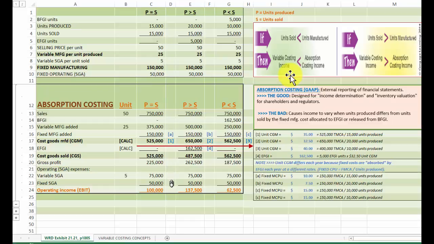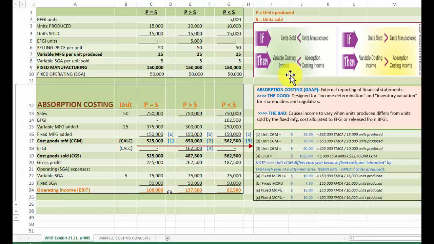And deducting the fixed selling, general, and administrative costs gives $50,000. So $125,000 of selling, general, and administrative from the gross profit of $225,000 produces $100,000 of operating income.